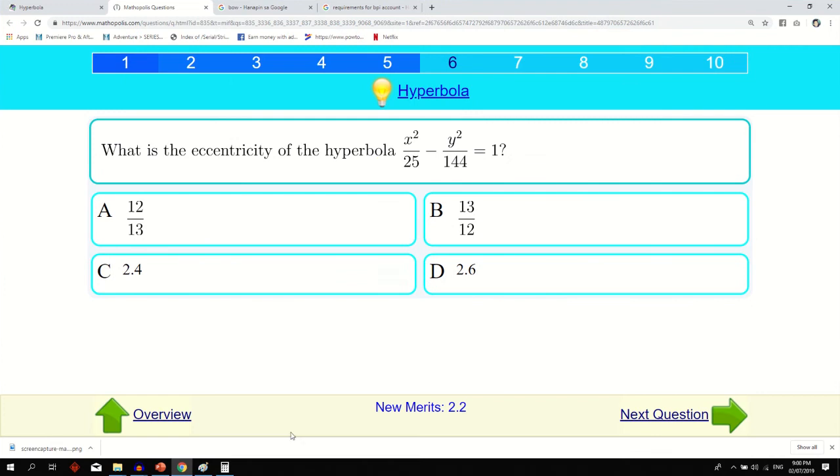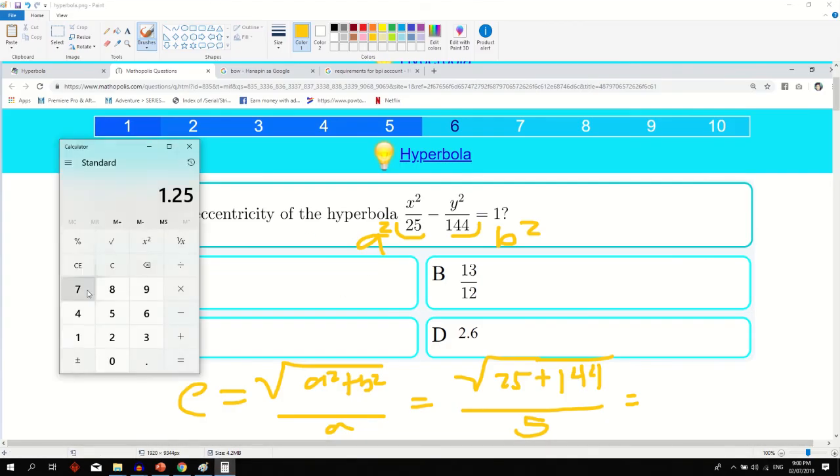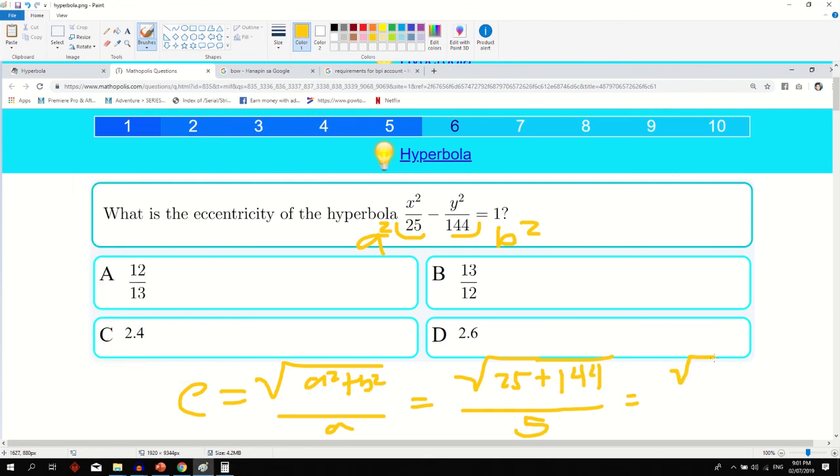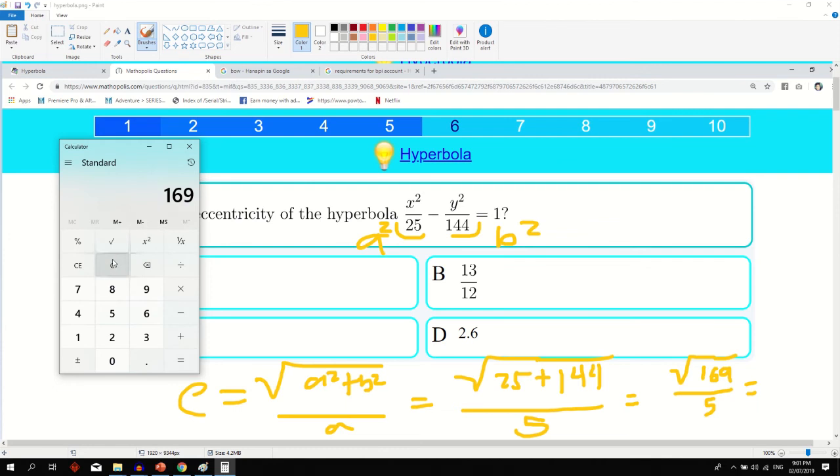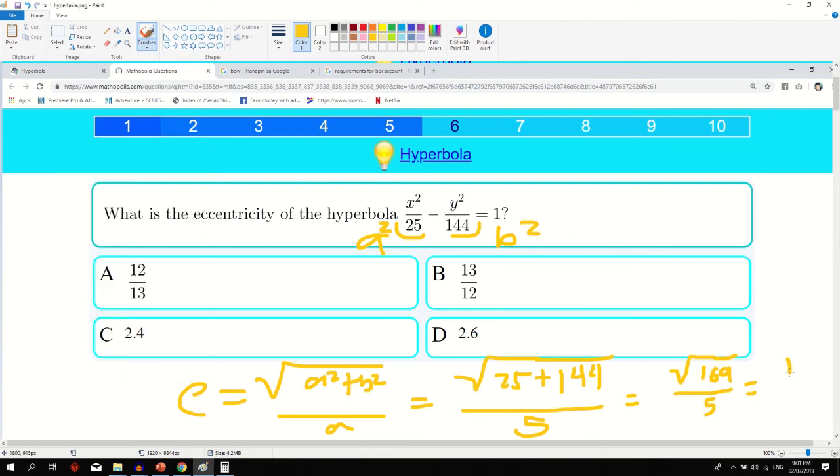Okay, we will now use our calculator. 25 plus 144 equals 169. So the square root of 169 over 5. What is the square root of 169? It is 13 over 5.